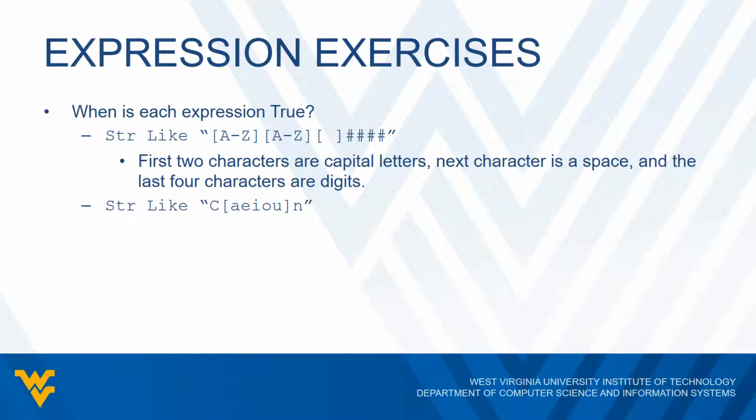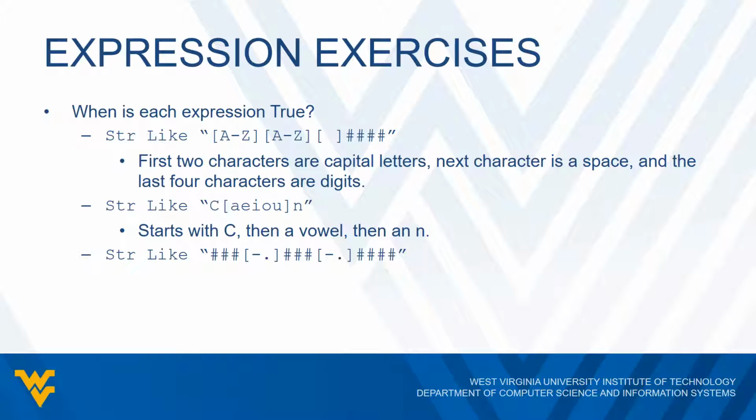So that's our vowels. Yes, sometimes Y is a vowel, but here we're going to say Y is not a vowel. So we can have our second character be any vowel, and then the last character has to be an N. So we're saying here that our string must start with a C, and then a vowel, and then an N.